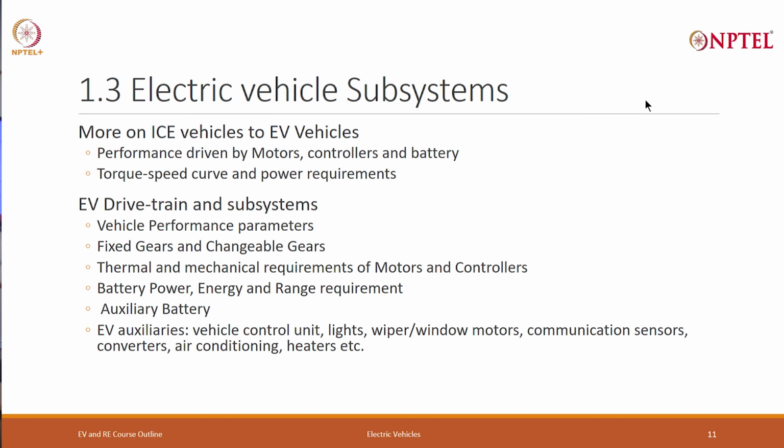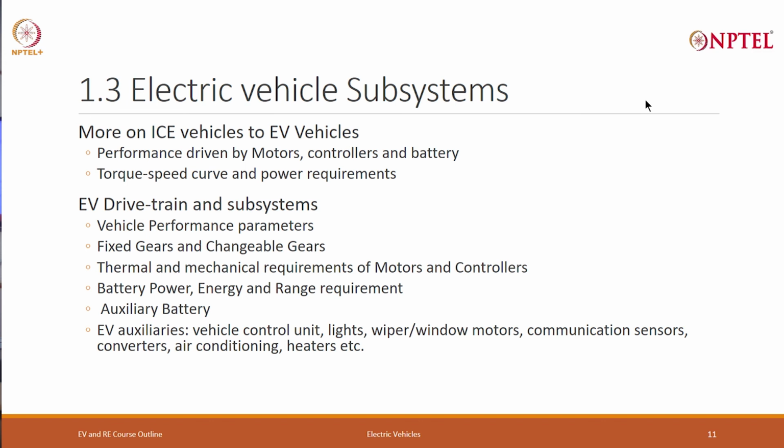A single fixed gear is enough. That improves your efficiency, reduces your cost, and wear and tear gets reduced. So we will talk about it. And I'll tell you, the motors and controllers that we are designing today will keep on improving such that tomorrow changeable gears will go away, not required.